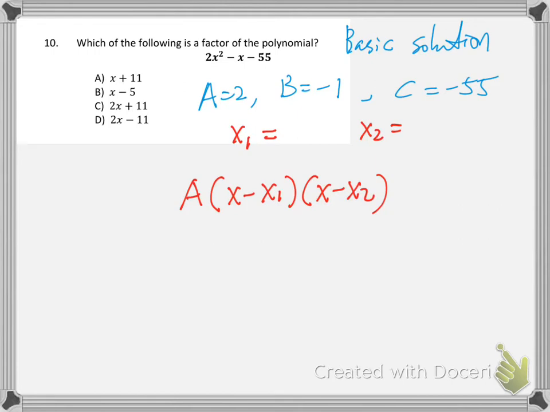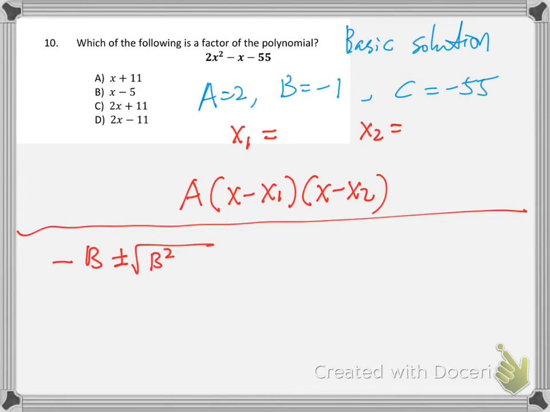So now let's try to use the quadratic formula. What's the quadratic formula? Negative b plus minus the square root of b squared minus 4ac, divided by 2a. So b is negative 1, so negative b is positive 1.